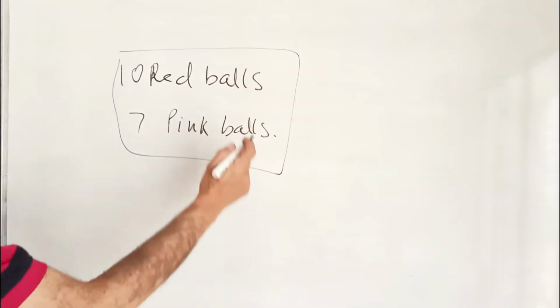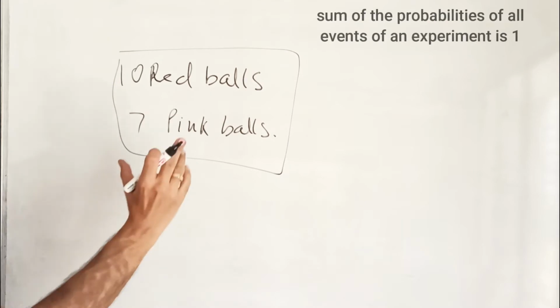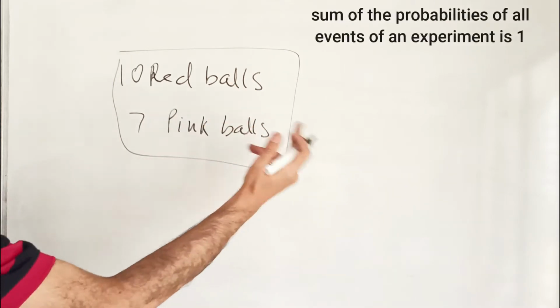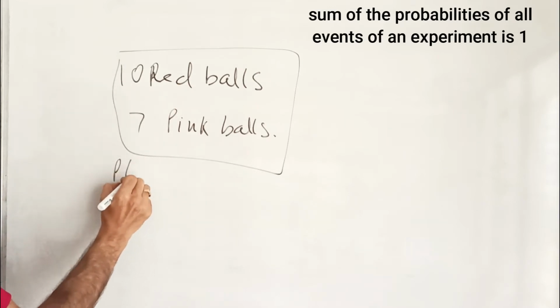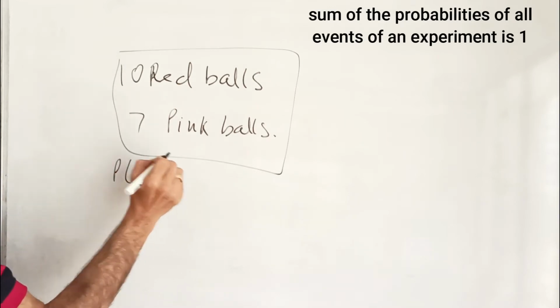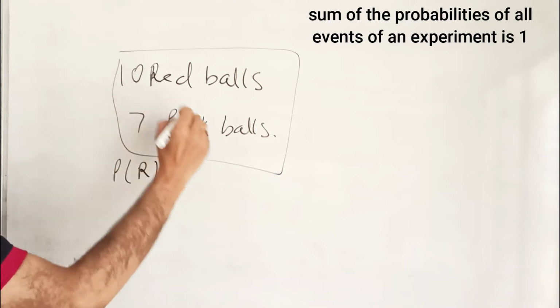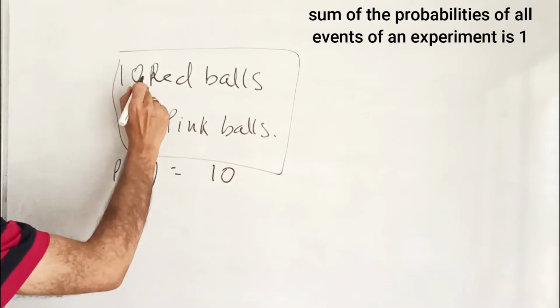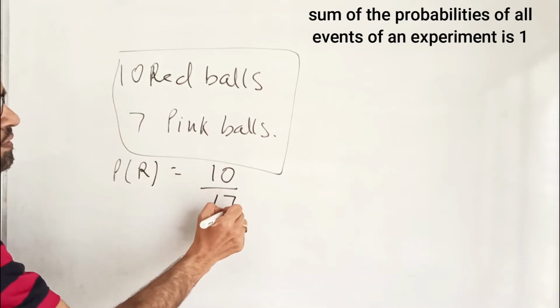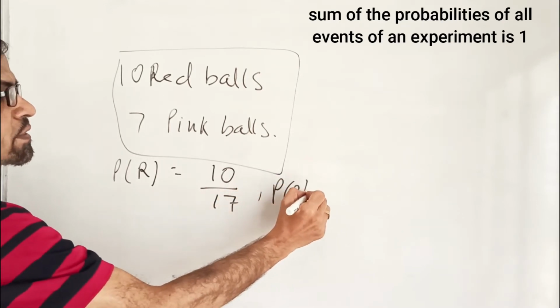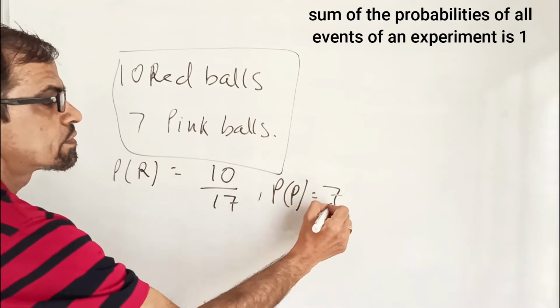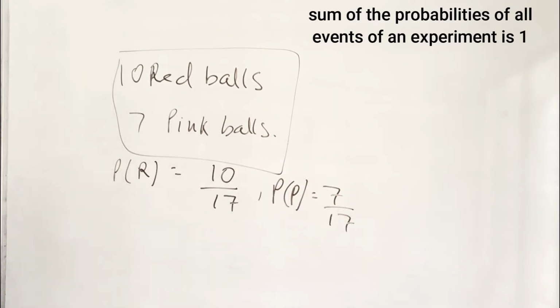Now students, let us see the sum of the probabilities. What is the meaning of the sum of the probabilities? Why is it 1? Let us see in the same question. Probability of the red ball: the favorable outcomes are 10 and the total outcomes are 10 plus 7, that is 17. And probability of the pink ball is 7 upon 17.